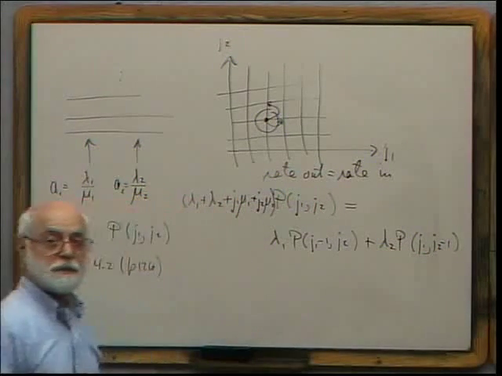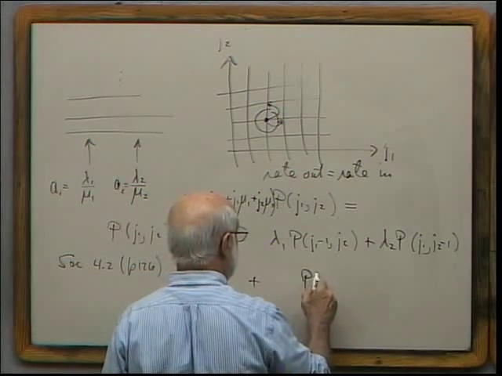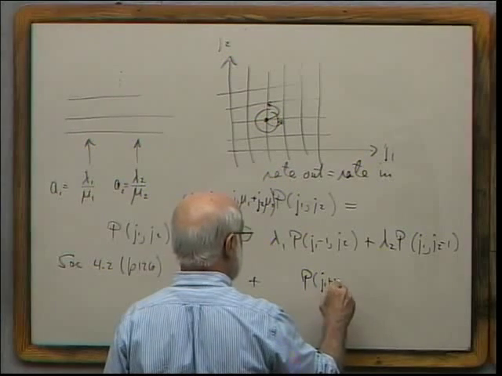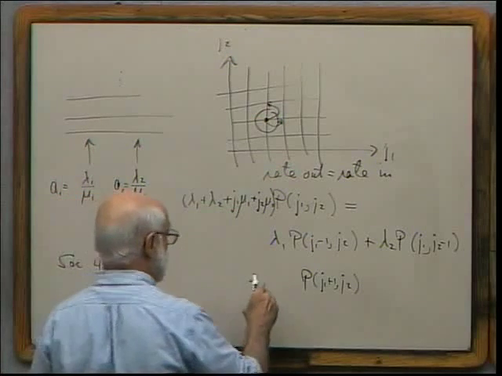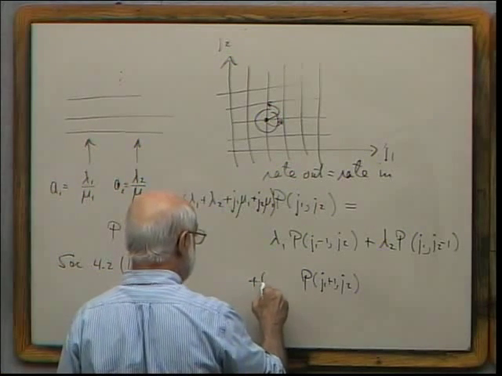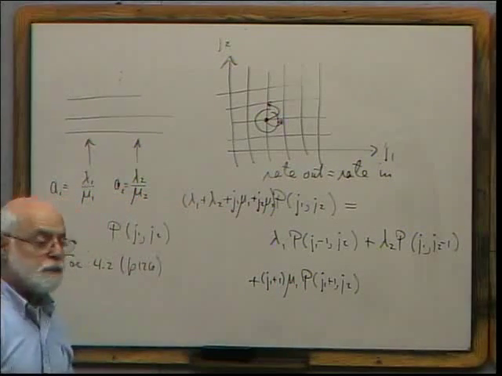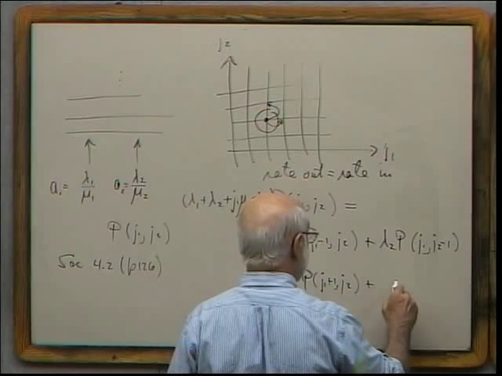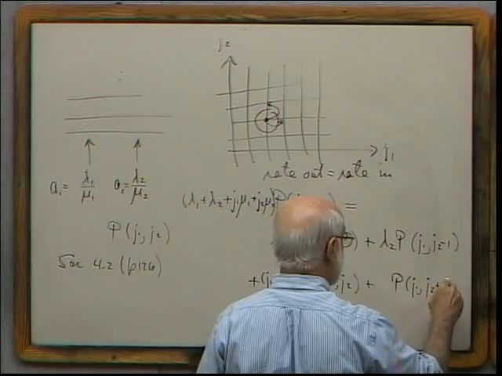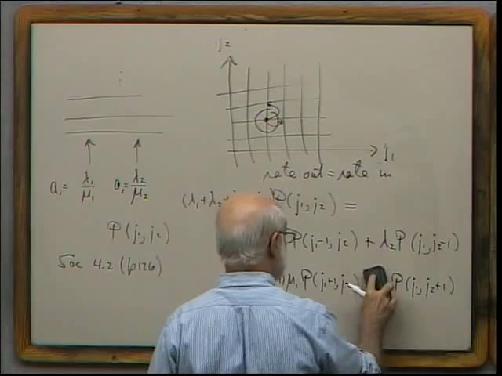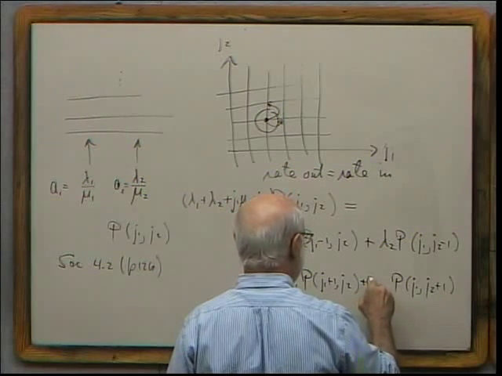Or I could be in state J1 plus 1, J2, and have a departure from stream 1. That rate would be J1 plus 1, mu1. Or I could be in state J1, J2 plus 1, and have a departure from stream 2, and that rate would be J2 plus 1, mu2.